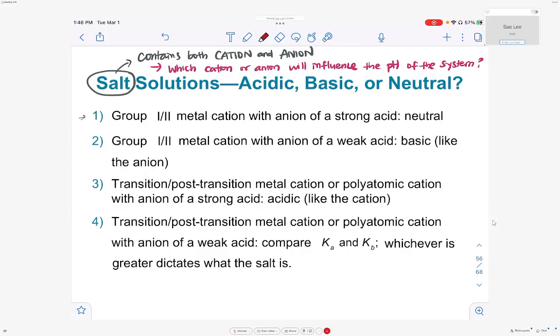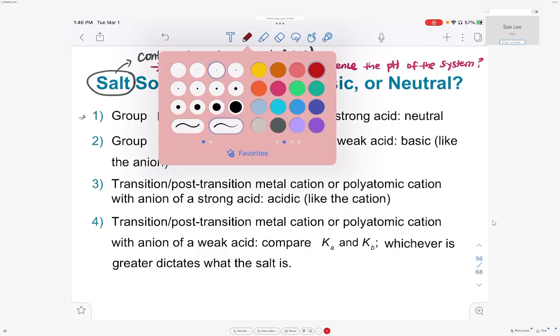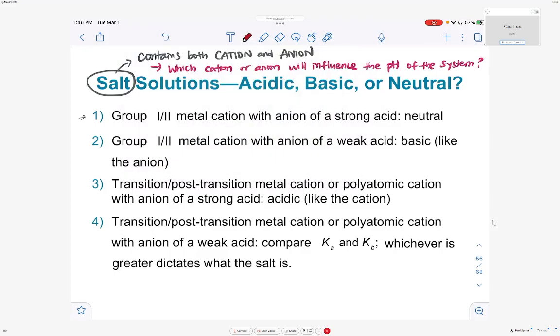As we've seen before, group 1 and group 2 metal cations have no influence on pH. So I'm going to write no influence on pH.